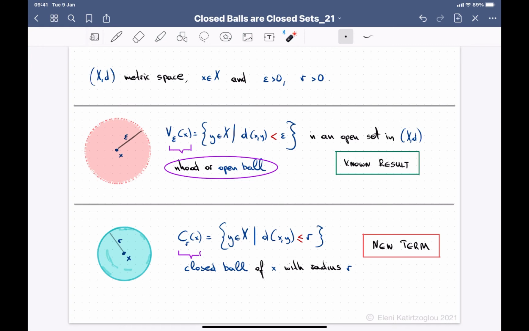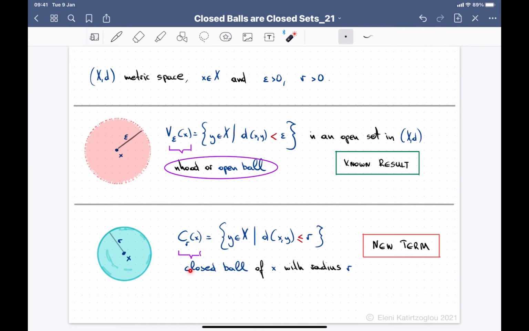Now, if we modify this definition slightly and we also include points on the perimeter of the disk, then we get another set that is called a closed ball.